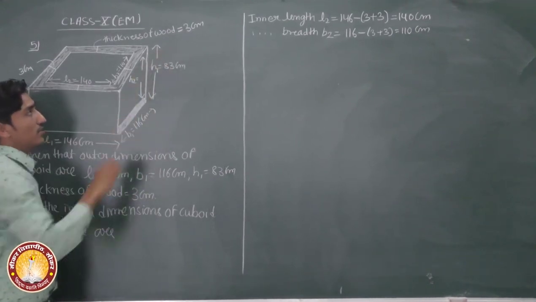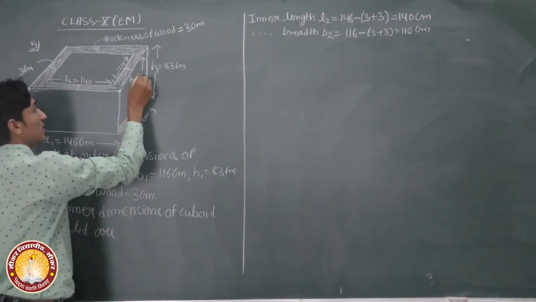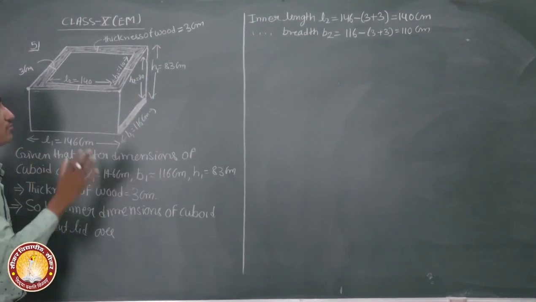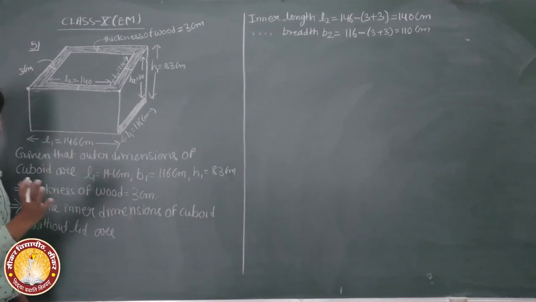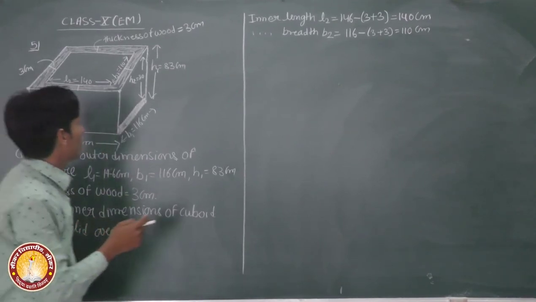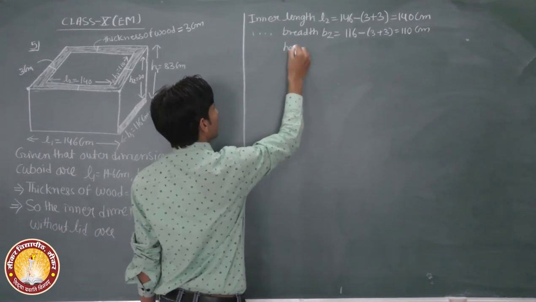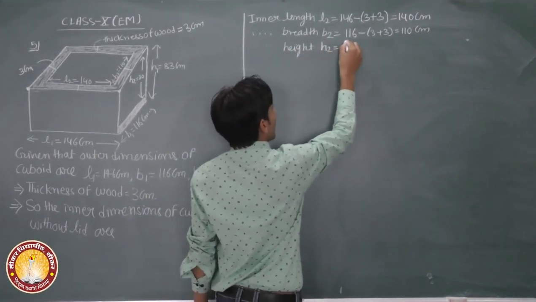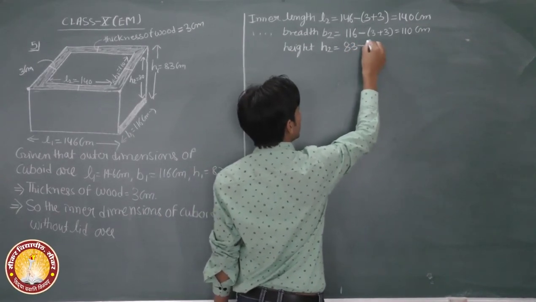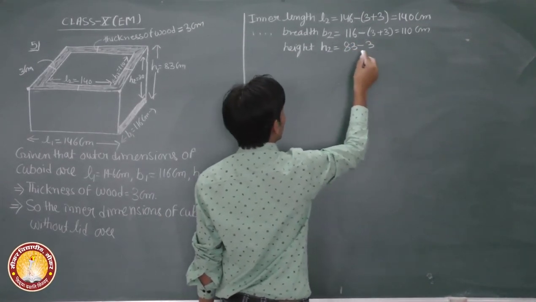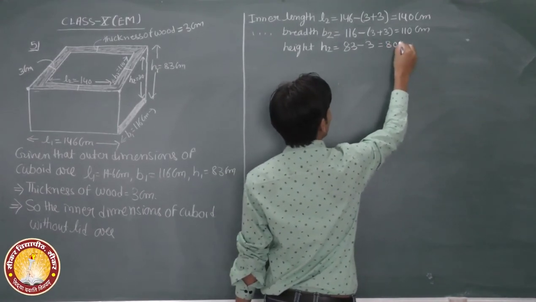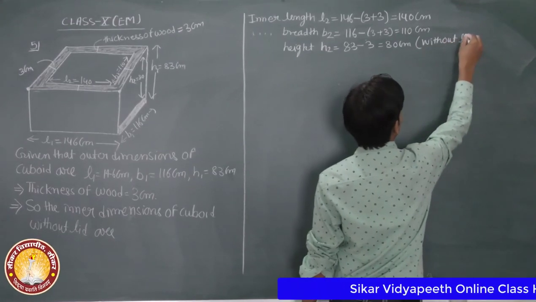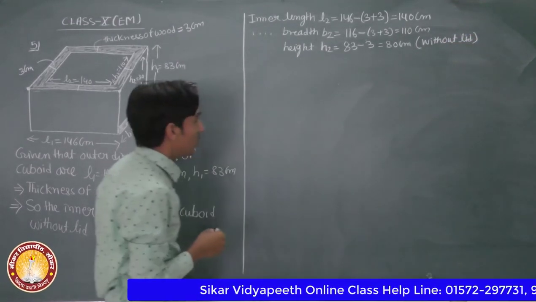If we subtract 83 minus 3, then 80 centimeter is the inner height without lid, h2.